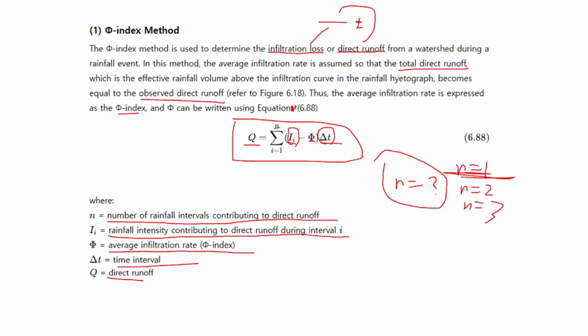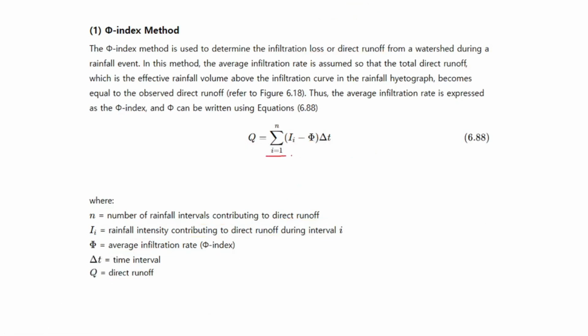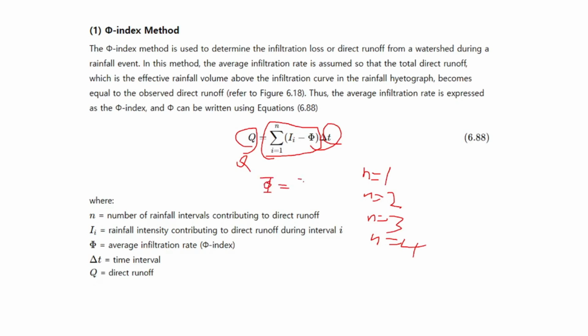So we know delta t, we know I sub i, we know Q. If you calculate the summation of these values based on n, n equals 1, 2, 3, 4, and compare with the Q value, using the known delta t to calculate on this side and comparing with the Q value on this side, you eventually get the phi value at the end.